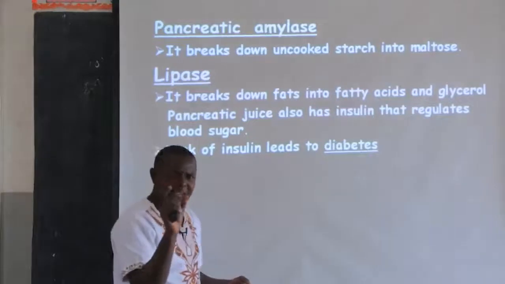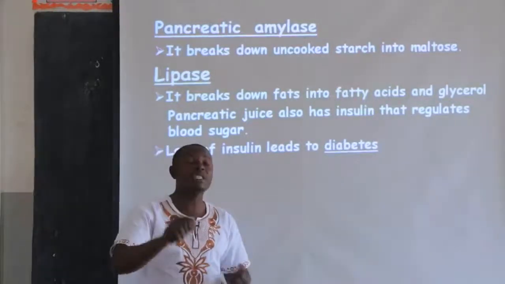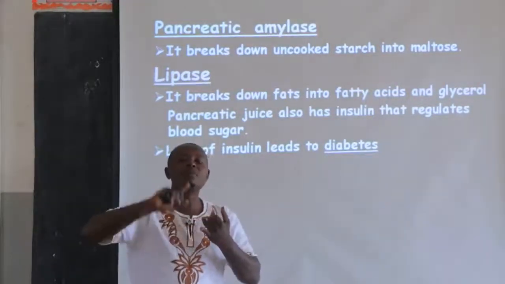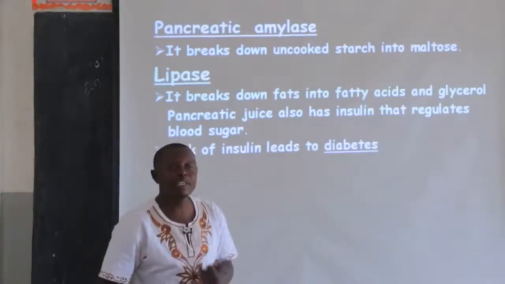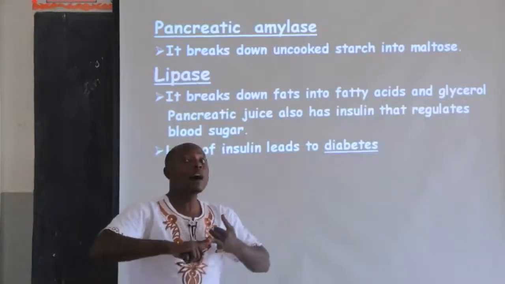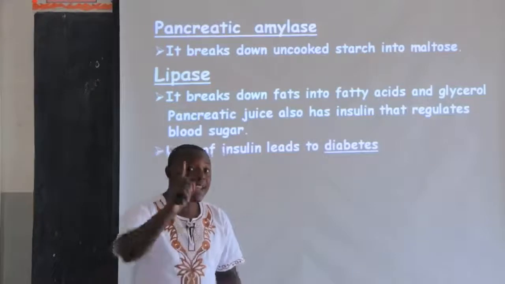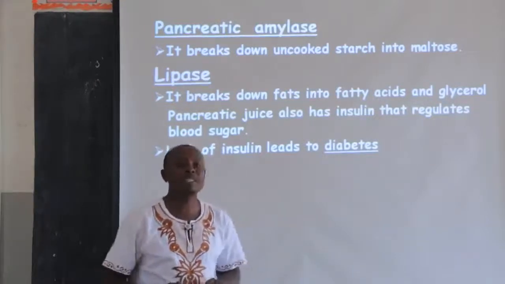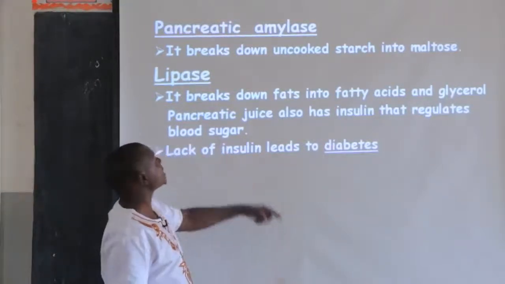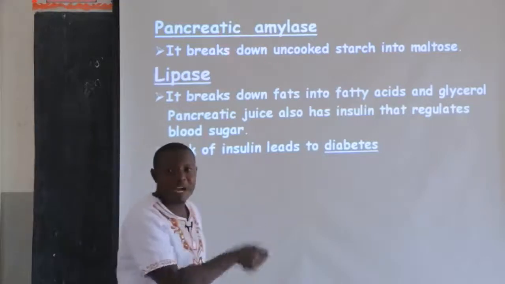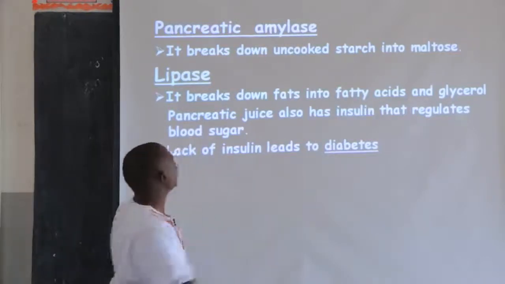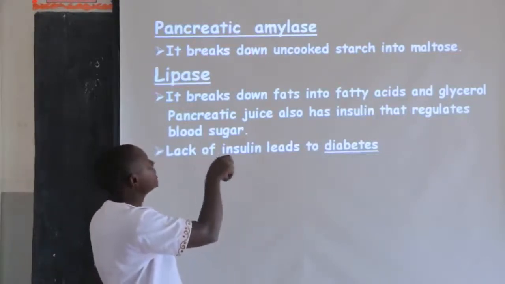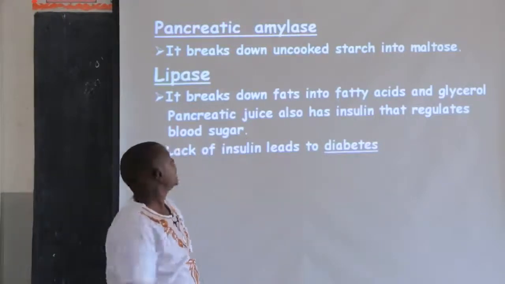What do I mean with uncooked starch? It means that you have eaten a raw sweet potato, or a raw cassava. Where is its digestion going to take place? It will take place in the duodenum. And which enzyme will work on it? It will be pancreatic amylase.